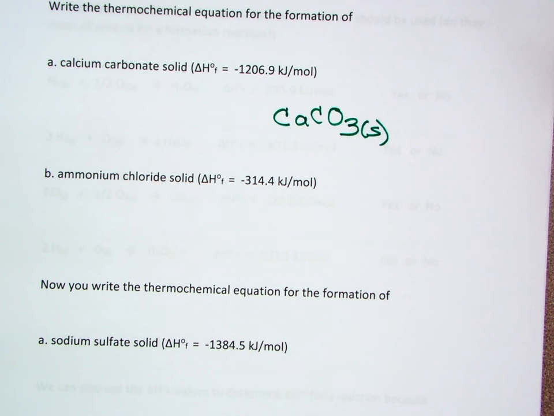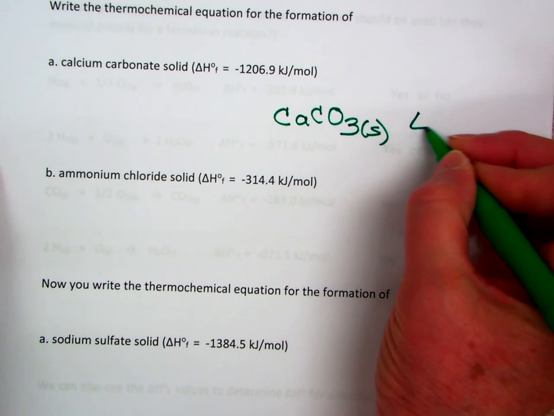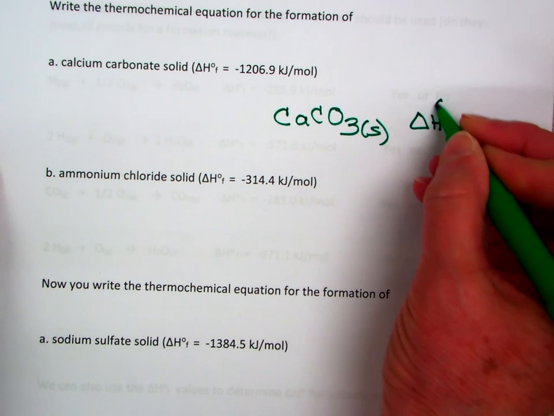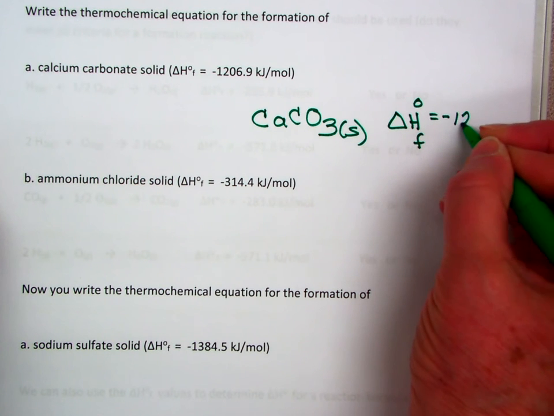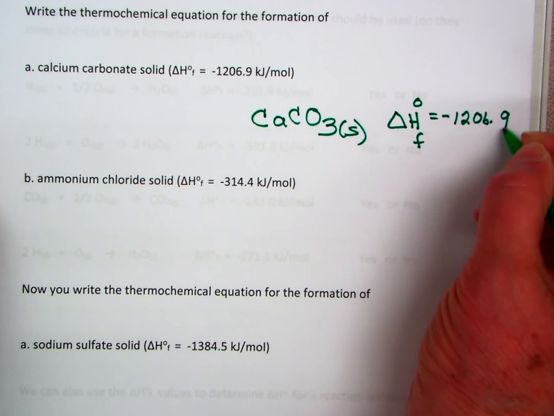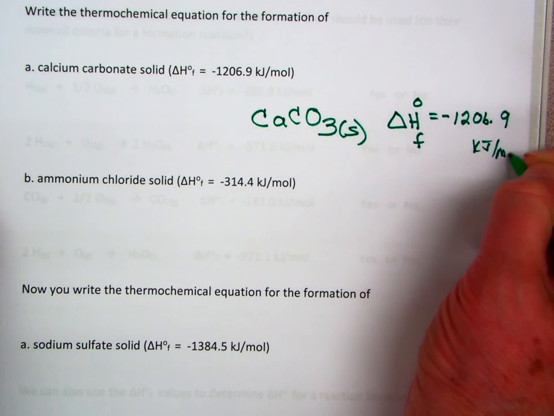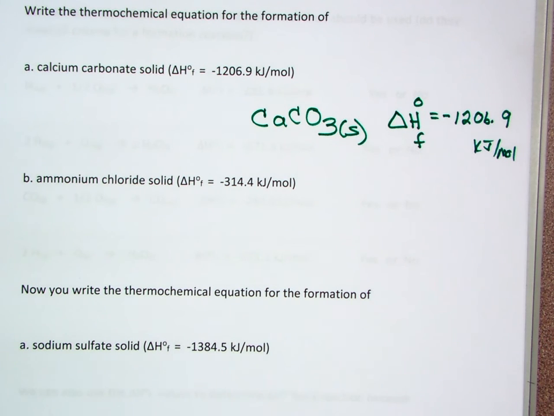And then when I look at that 1 mole, now I add the standard enthalpy of formation, delta H0 sub F is equal to negative 1206.9 kilojoules per mole. I know most of you don't bring your books to class, so I put these numbers in here. On the test, you might have to go look these numbers up in a chart that would be attached to the back of your test.